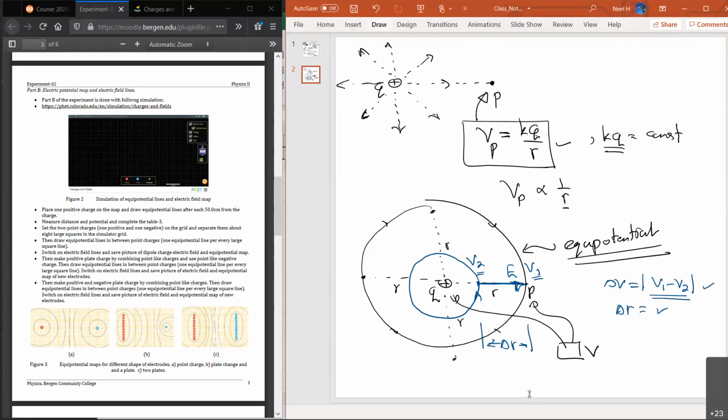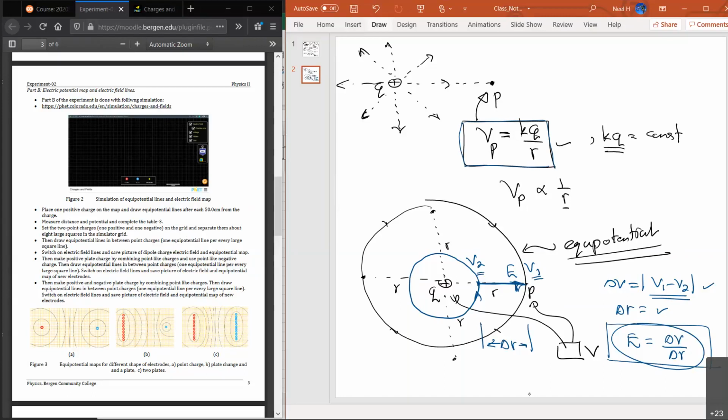By knowing those two, the electric field between these equipotential lines is delta V over delta R. So that's what we're going to check in the next part of the lab. All of this information we will discuss in detail in tomorrow's class, okay?